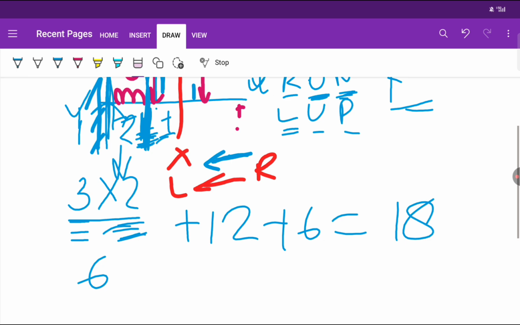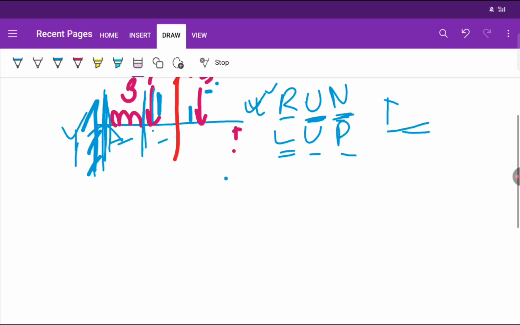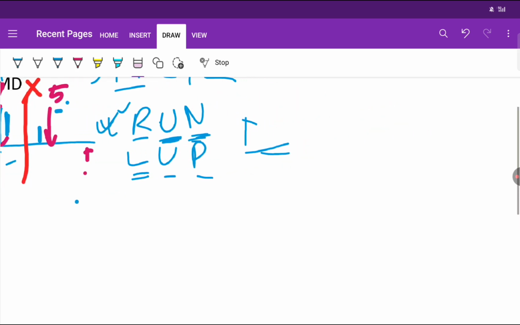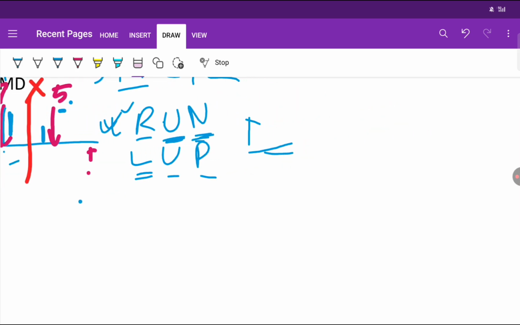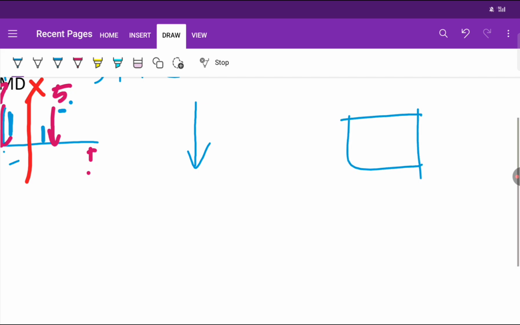Okay, got it, everything? So now we will calculate the shear force diagram. We will draw the shear force diagram. To draw the shear force diagram, we need to know one thing. If the load diagram is a point load, then we will have rectangular shear force.